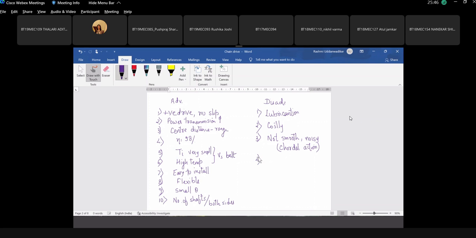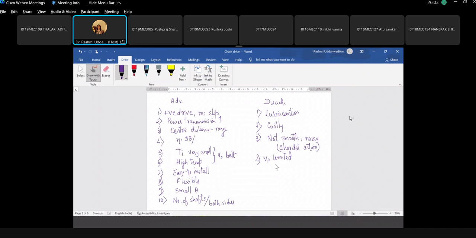The major disadvantage is the peripheral velocity has to be limited. This cannot work at very high peripheral velocity for the roller chain. If you want to increase the peripheral velocity, then you'll have to modify the design.